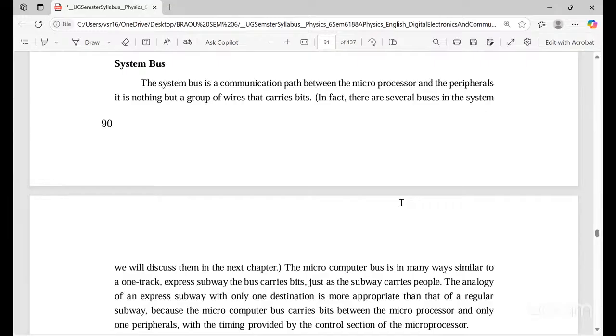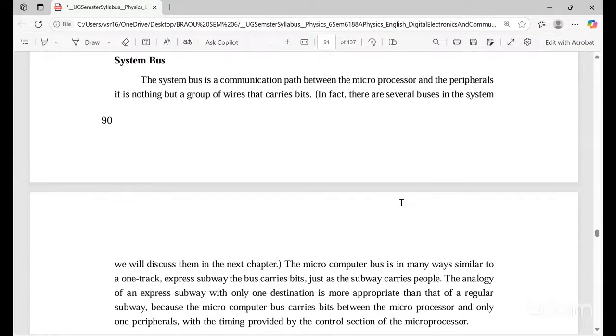A microcomputer bus is in many ways similar to an express subway, which carries the bits here. Just as the subway carries the people, the bus carries the bits. The analogy of an express subway with only one destination is more appropriate than that of a regular subway.